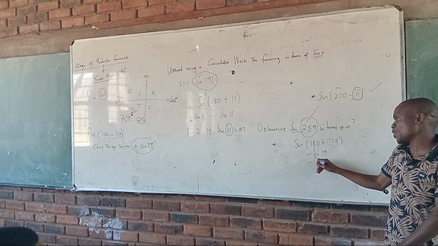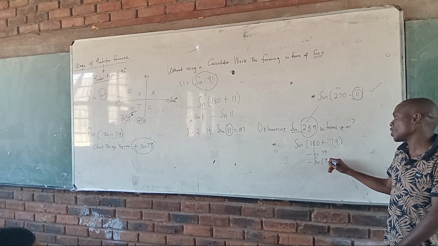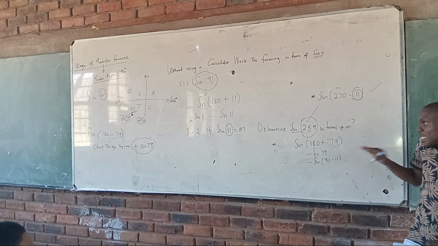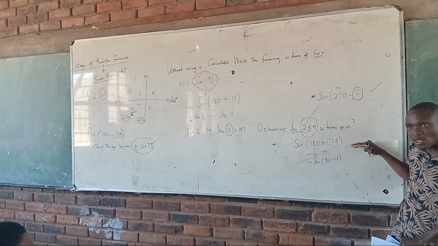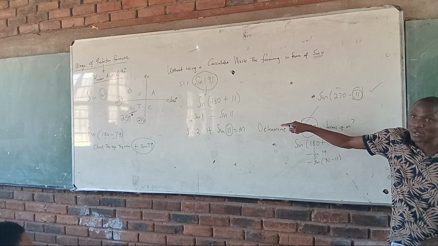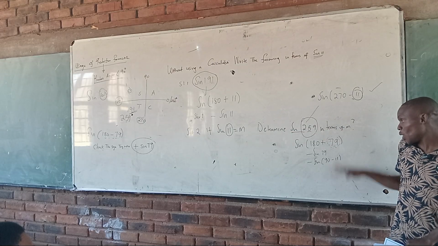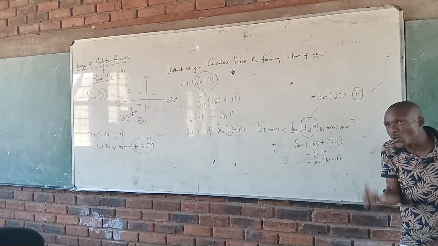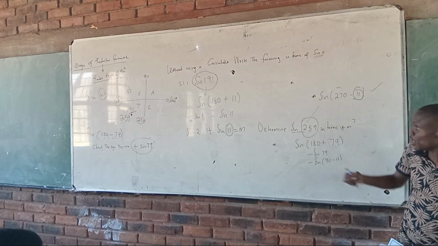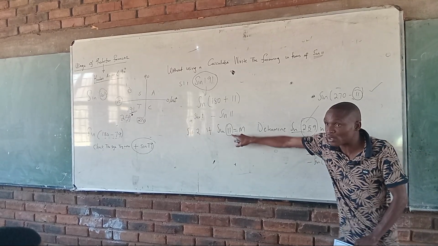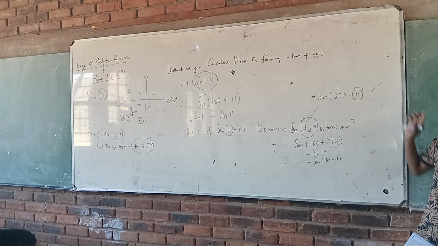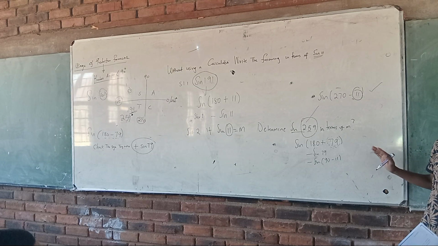In negative sine, you are right. What you are doing is right. But in the first step, try by all means to use the angle which has been given. After all, what you are doing is right. But if possible, try to involve the angle right away. You see you are given 11. So you say sine 270 minus 11. It is still going to give you 259.